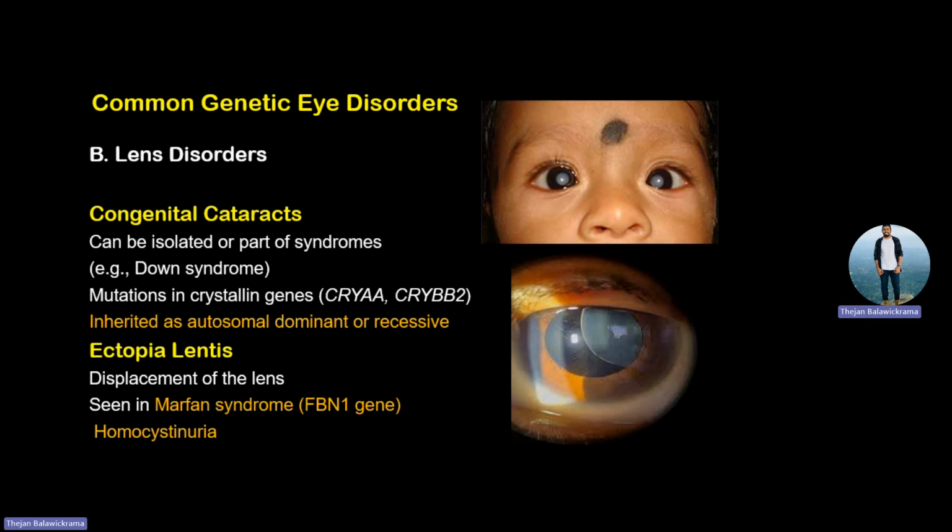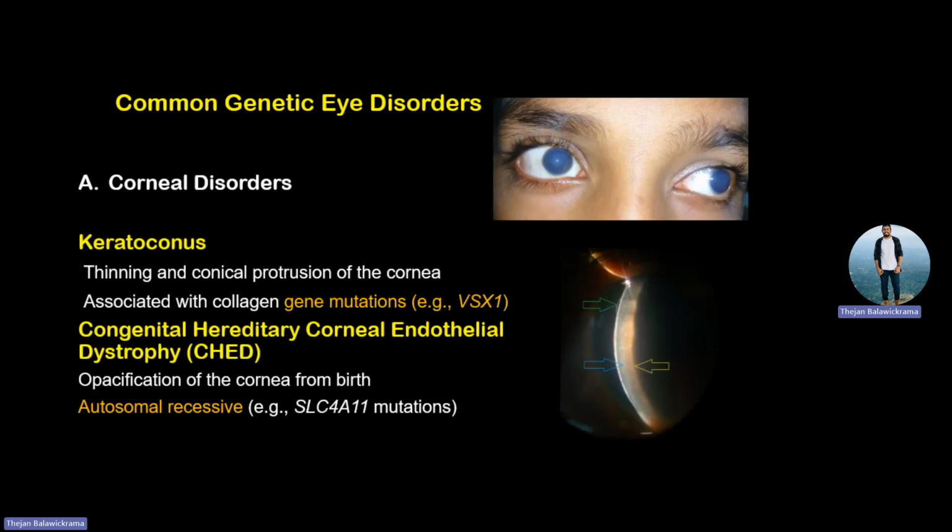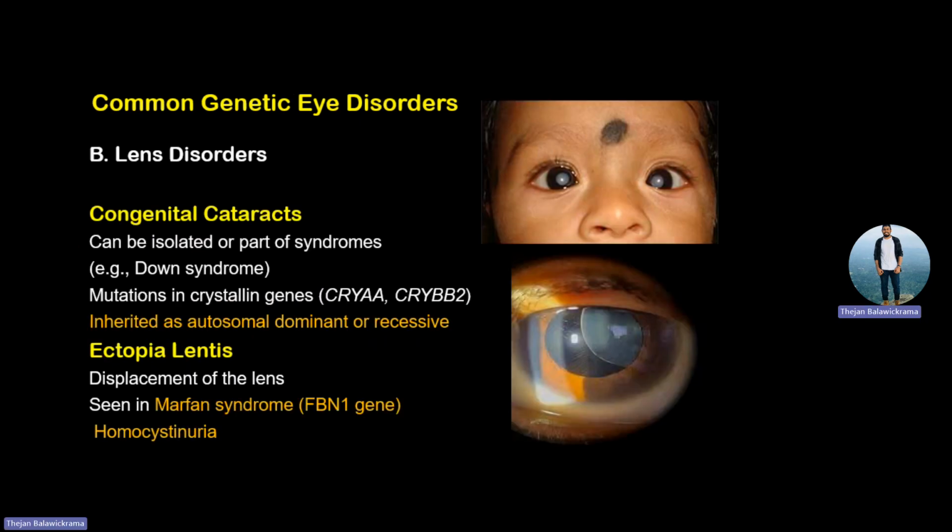There are strands that come from the ciliary body to the lens. These break, and the lens moves out. The zonules break and the lens is displaced.